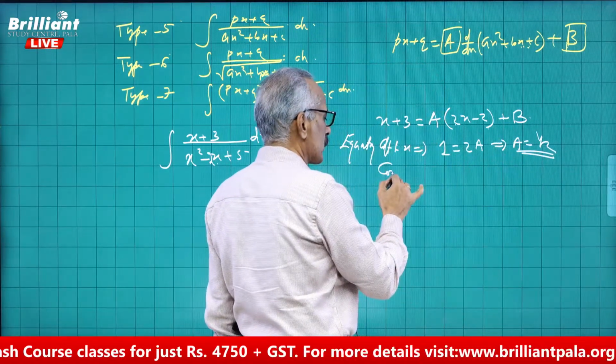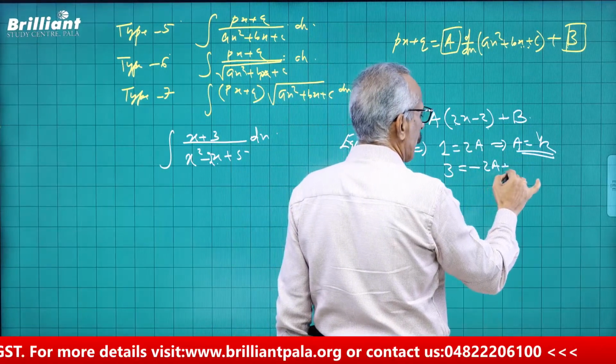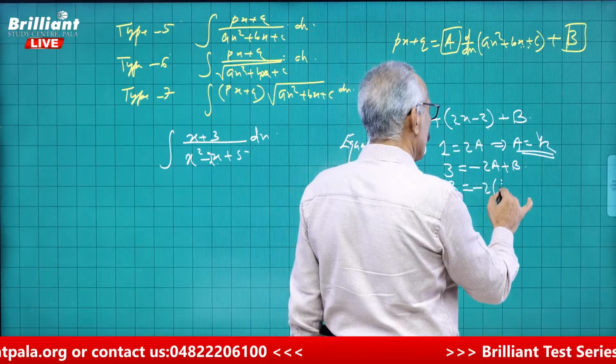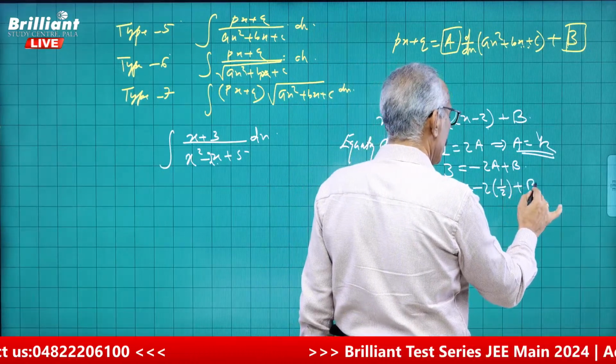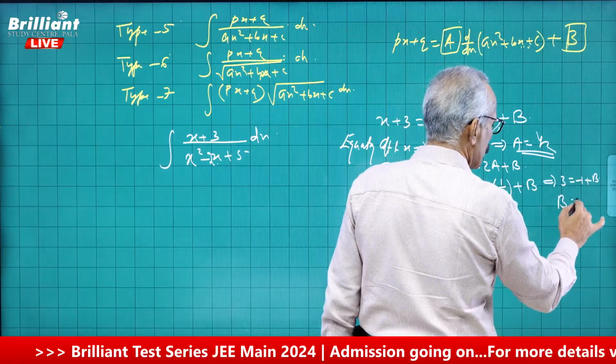Now, equating constants on both sides. Left side it is 3, right side it is minus 2a plus b. That is 3 is equal to minus 2 into 1 by 2 plus b. That means 3 equals minus 1 plus b, so b is equal to 4.